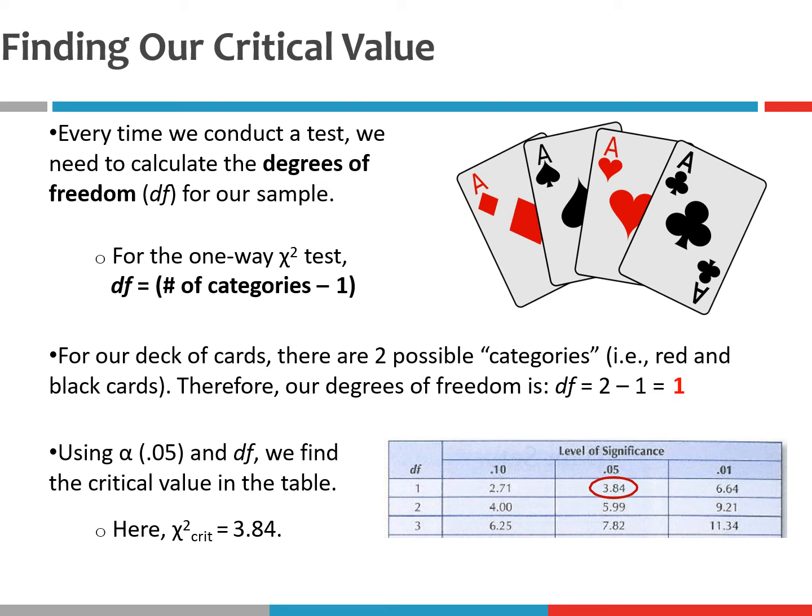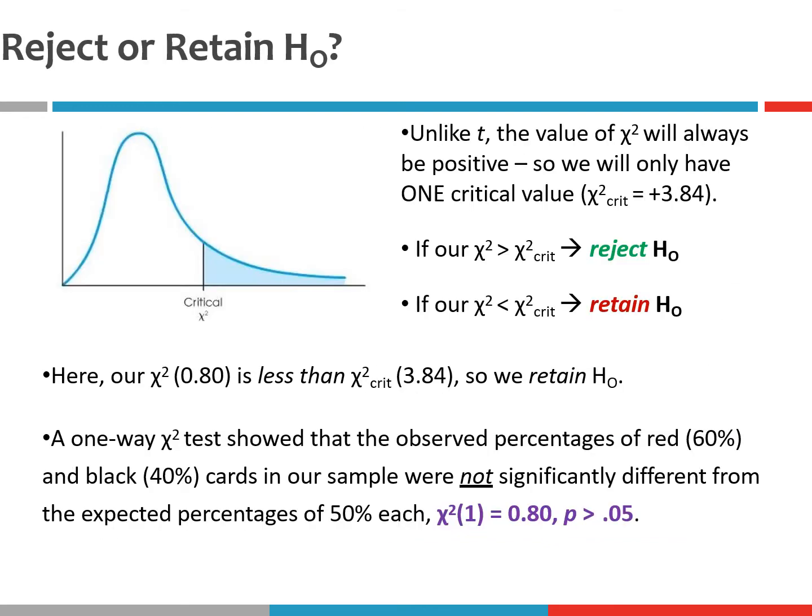So we have our alpha level of 0.05 and our degrees of freedom value of 1. If you were to look in your chi-square table with 1 degree of freedom and 0.05 level of significance, or alpha level, then you would get a critical value of 3.84. Now we need a decision rule.